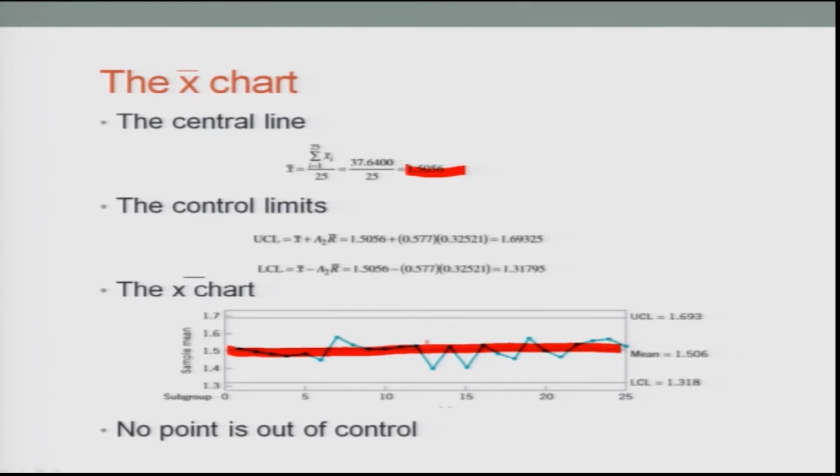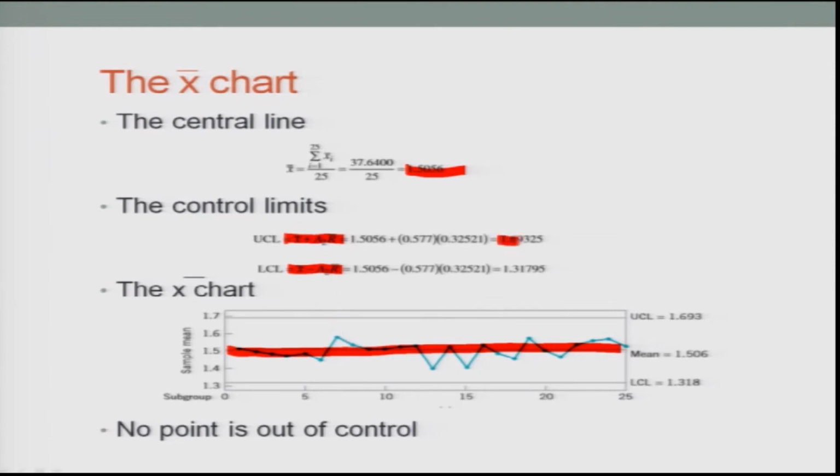The upper control limit and the lower control limit are given by the formulas as given here and here. So this x double bar comes from 1.5056, this R bar you have already calculated, and this A2, which is plus minus, depends on the sample size, which you find from the table.